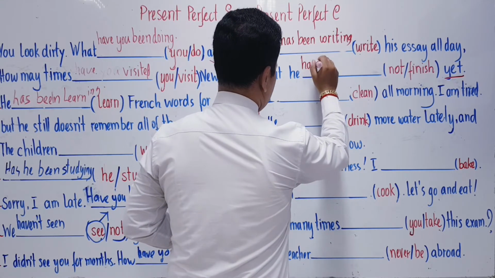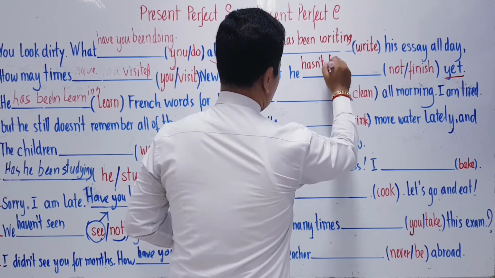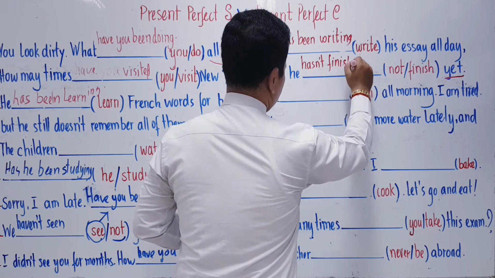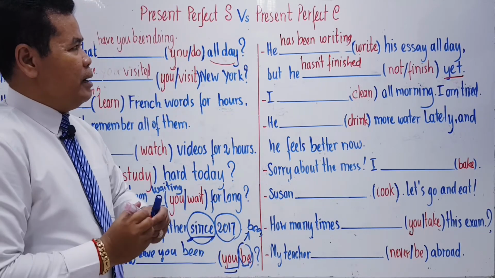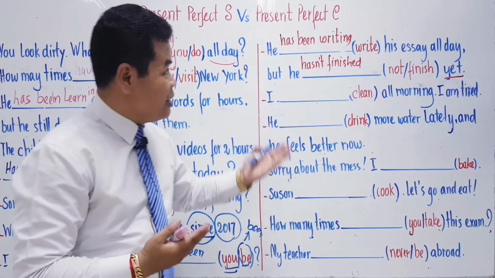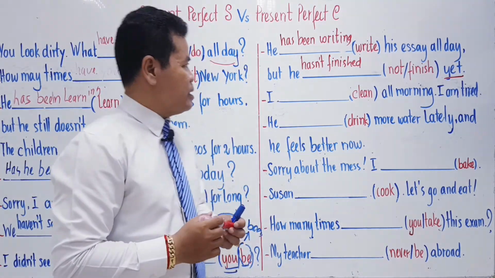He hasn't, not here, okay? He hasn't finished. He hasn't finished yet. He has been writing his essay all day, but he hasn't finished yet. Right? Let's go to the next one.